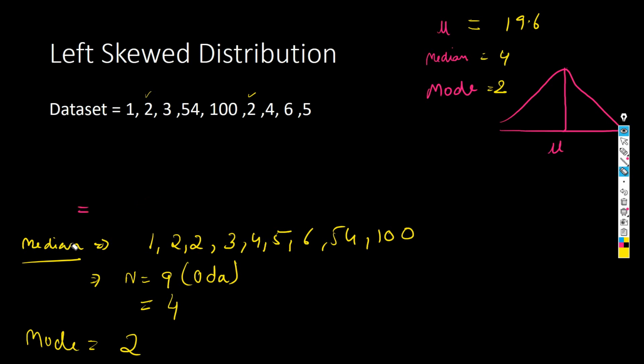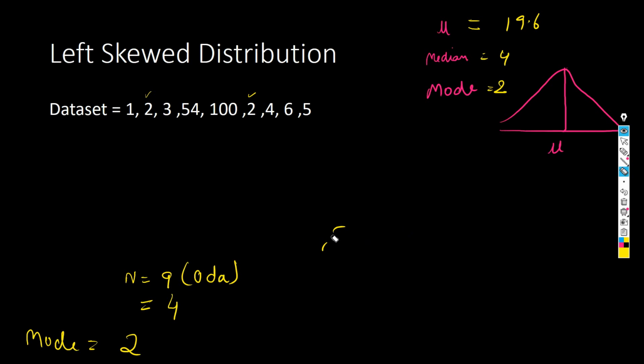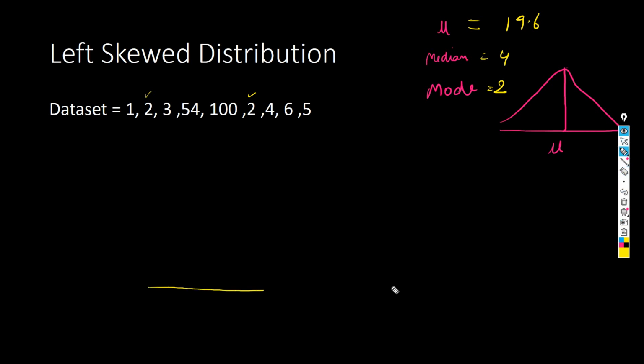Now let's see how we can tell whether we have skewness or not. Try to draw a plot of a Gaussian distribution, with the x-axis. Our mean is 19.6, so it will be around here.